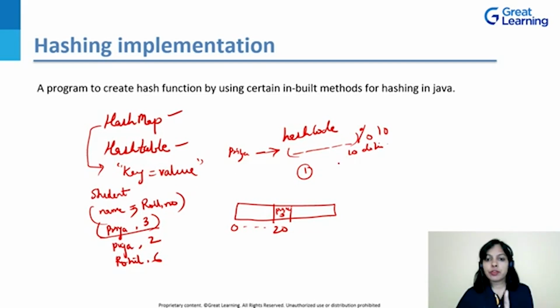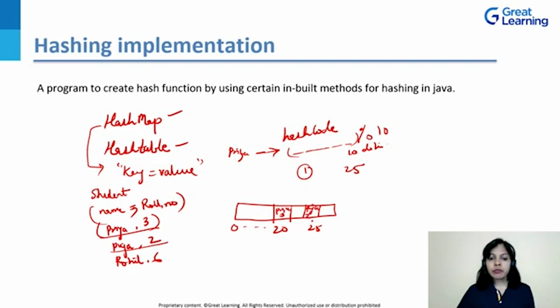And suppose that hash code generated is maybe 25. So at the 25th location, the information about the key Pooja and its associated value, that is the roll number, both will be stored there. So Pooja and the associated roll number, that is 2, will be stored there.